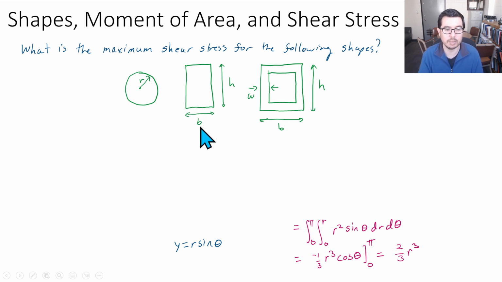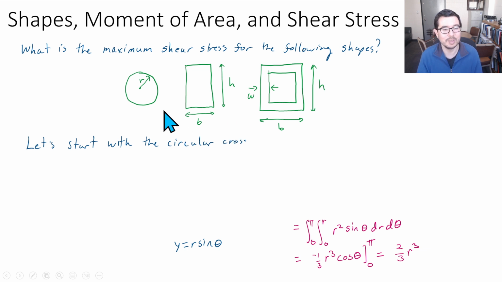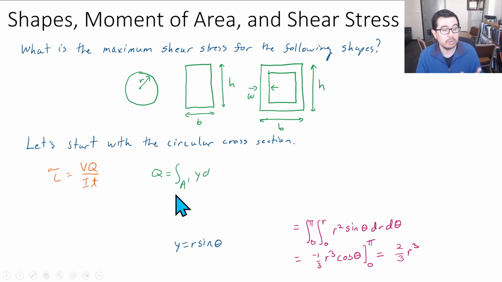That's something that maybe you want to write on your note sheet for the next exam. And these other ones we are going to derive, for the circular cross section and for the hollow cross section. So I'll try to go kind of quickly. We have tau equal to VQ over IT. We can calculate Q by using the centroid of the particular A prime that is of interest, or we can perform it with integration.